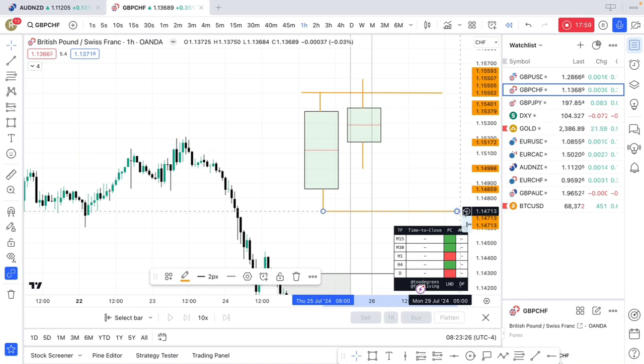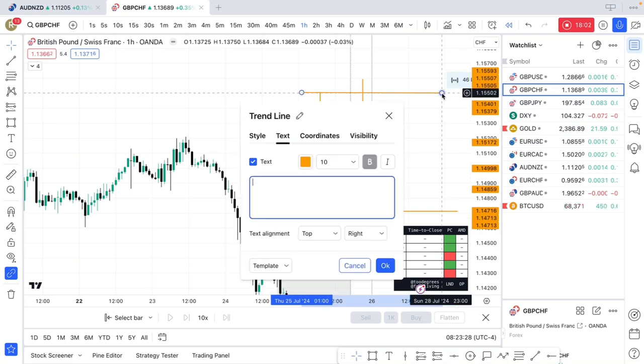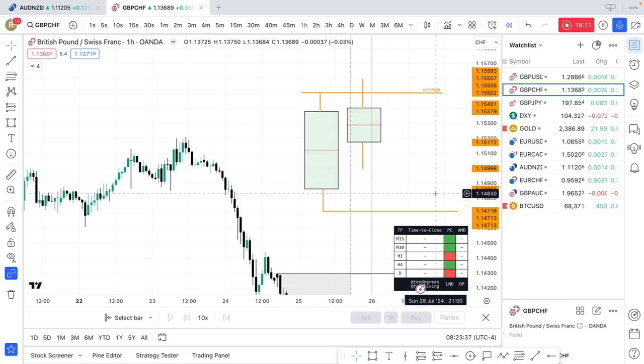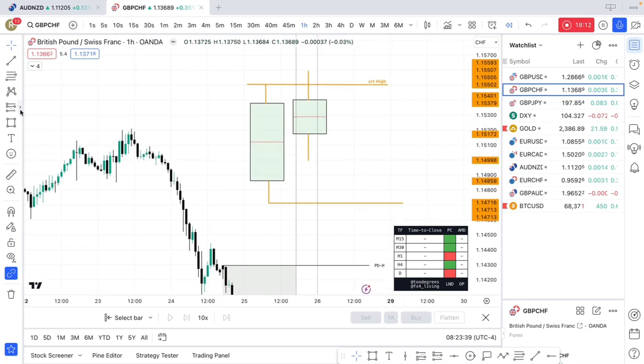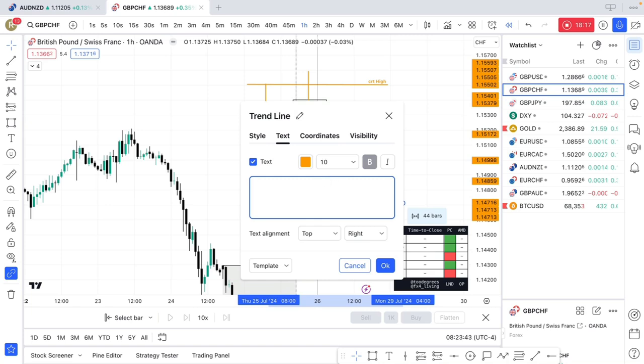So this one becomes a CRT high. This becomes a CRT high. This becomes a CRT high. This becomes a CRT high. This one becomes your CRT low.